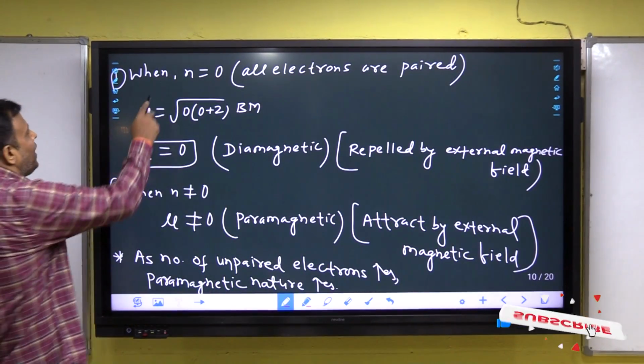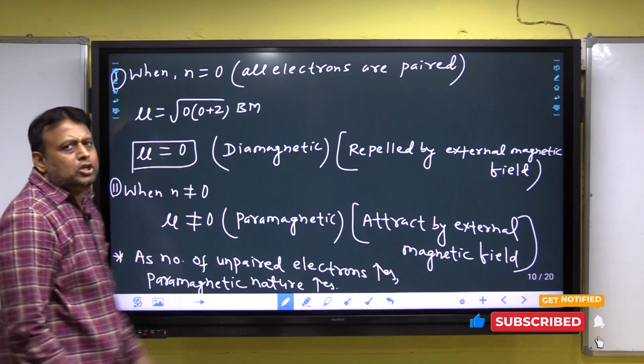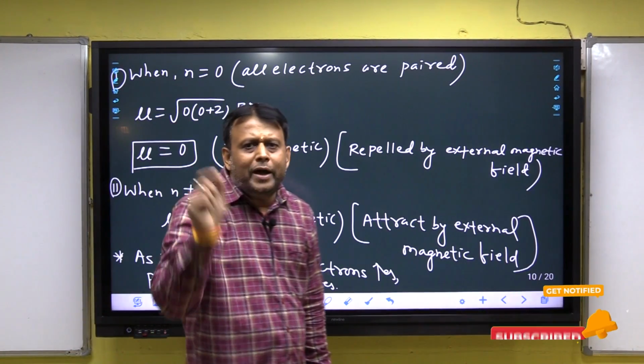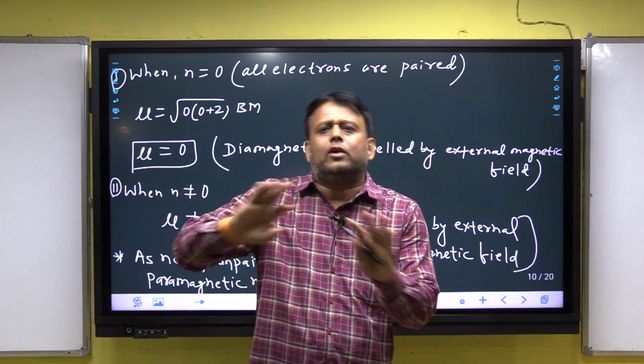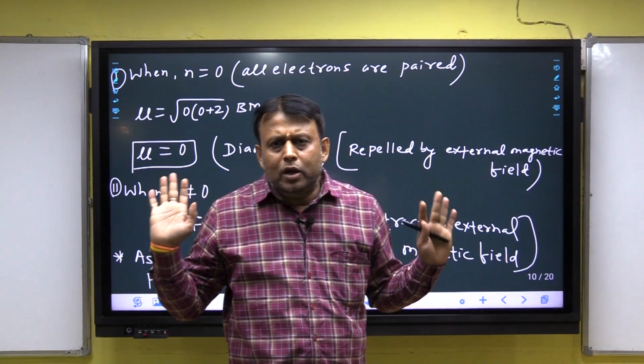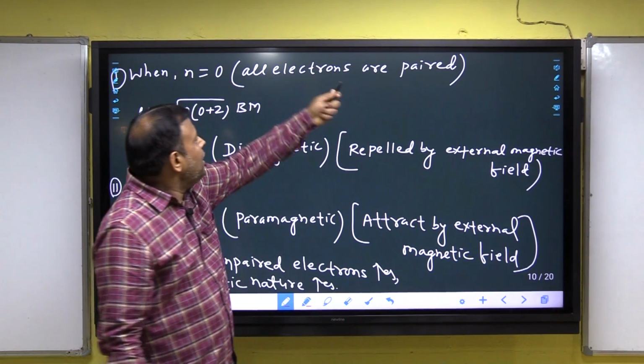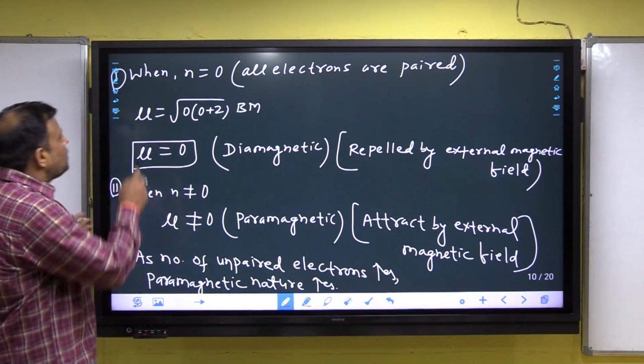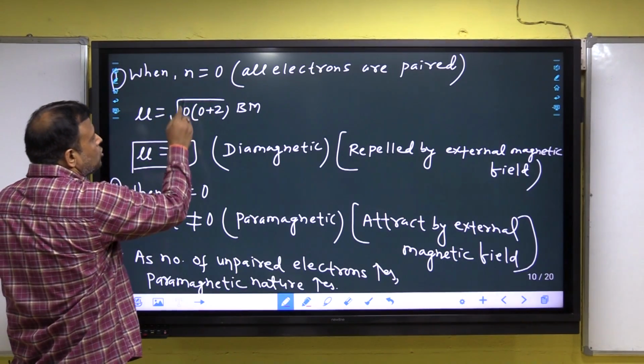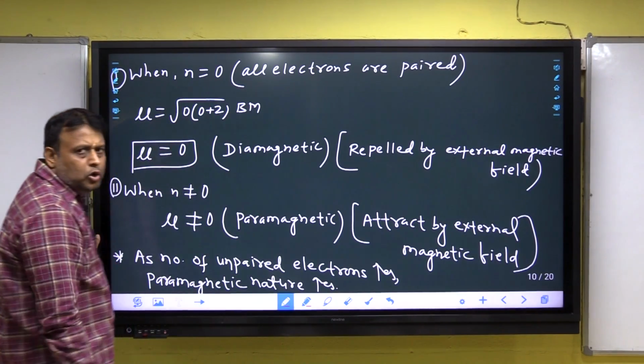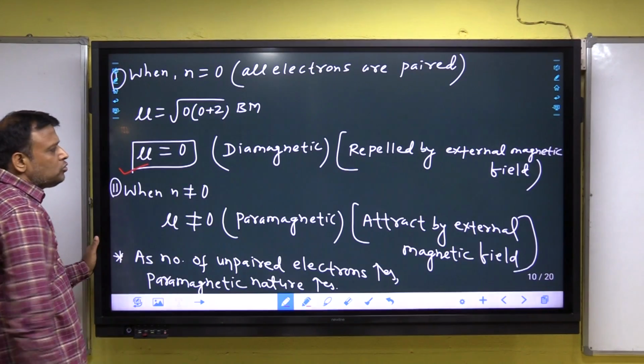Listen, when n is equal to 0, that means unpaired electrons are zero, so all electrons are paired. Then mu equals root under 0 into 0 plus 2 BM, that means mu is equal to 0.